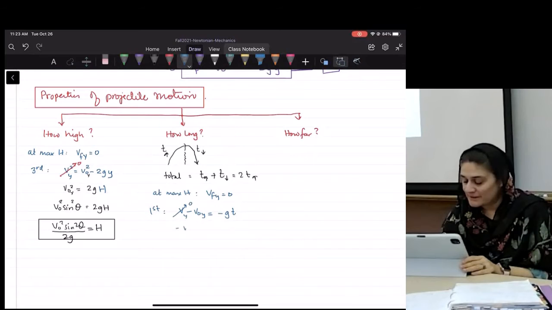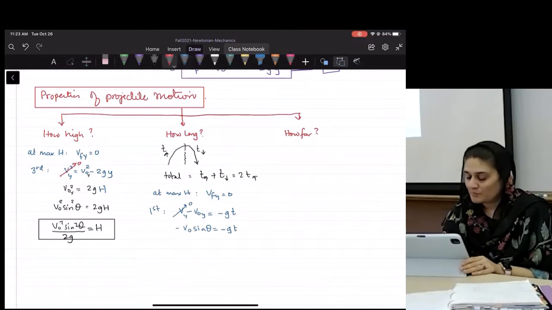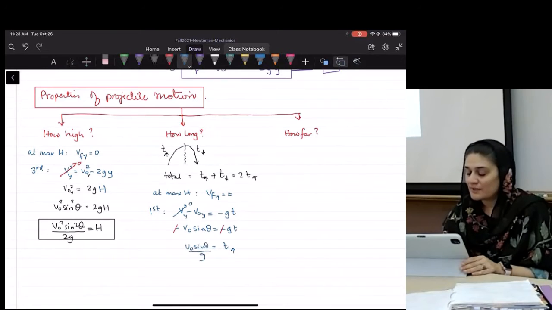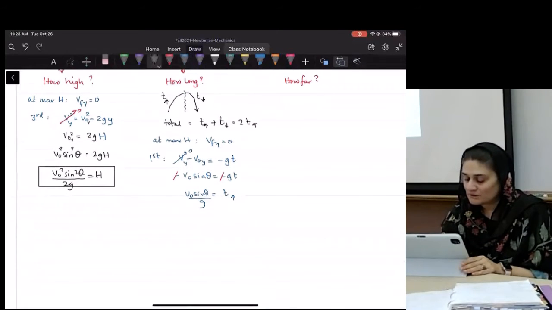Will I get minus V0 sine theta equals minus gt? Minuses go away. Will I get t to go up as V0 sine theta over g? So then will my t total become 2V0 sine theta over g?